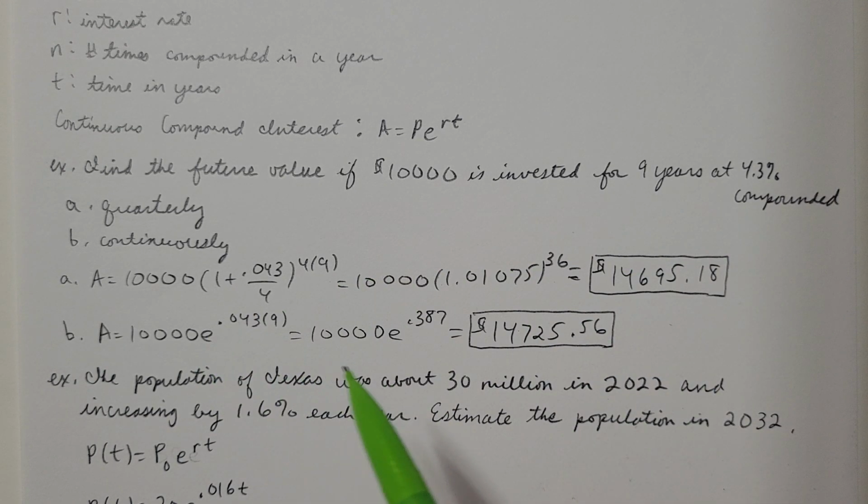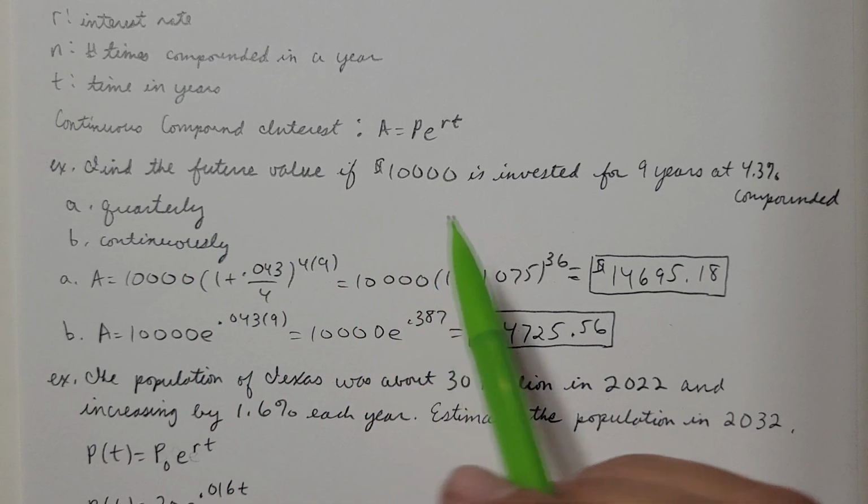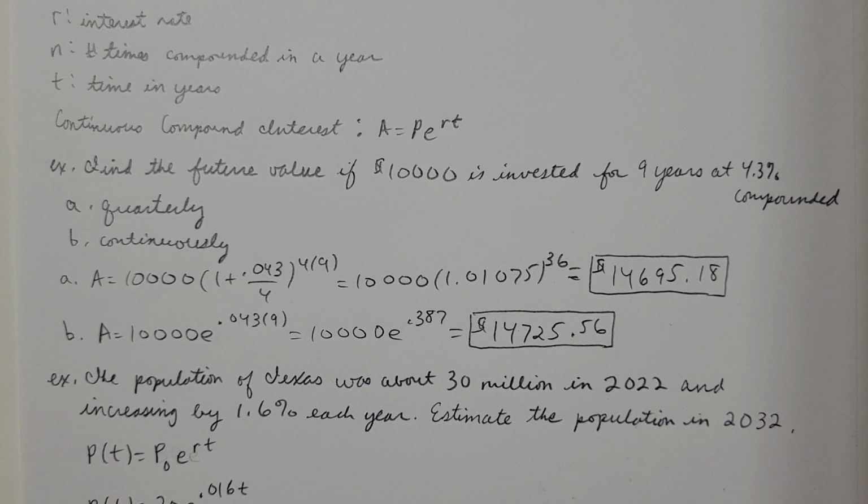Anyway, I think that problems like this, where you're compounding continuously with money, are not real world problems. That's not something that we see in everyday life. A better example would be if we were going to study the population of the world and see how that's growing over time.